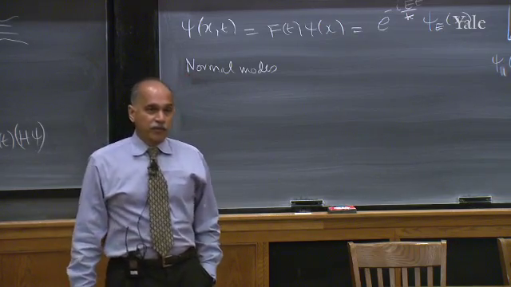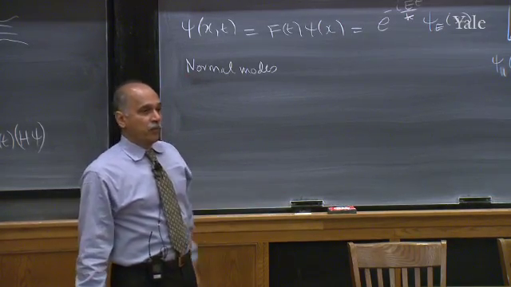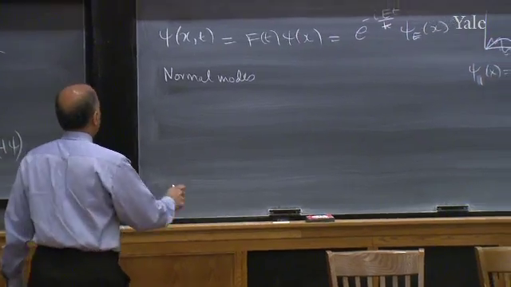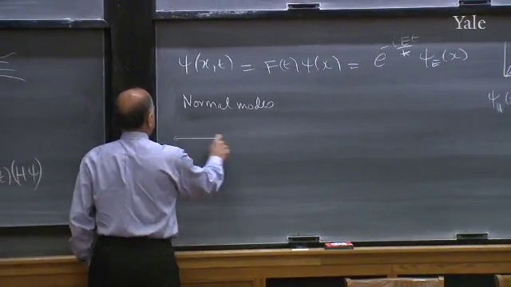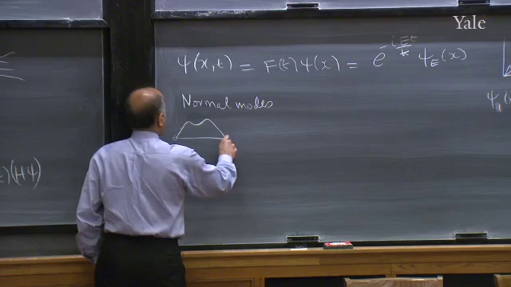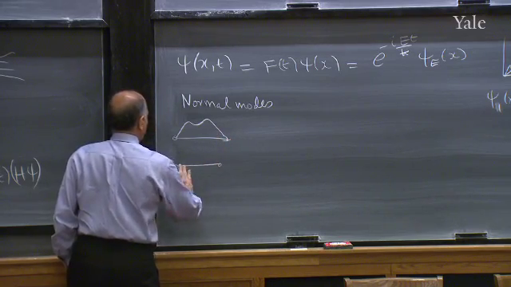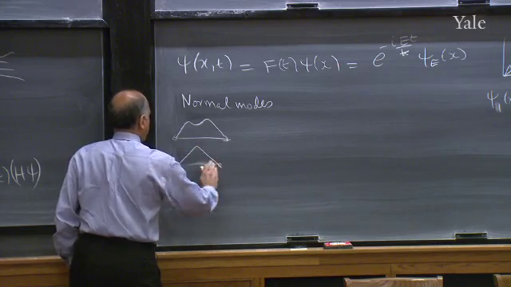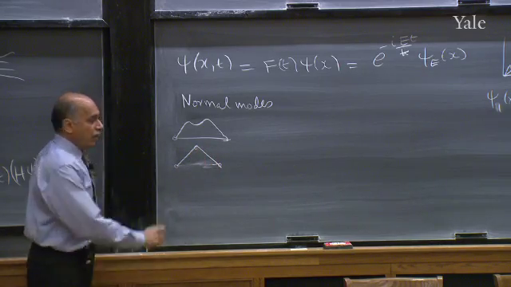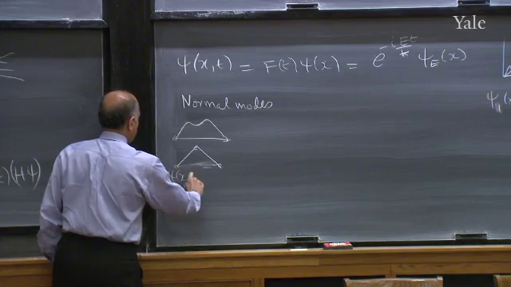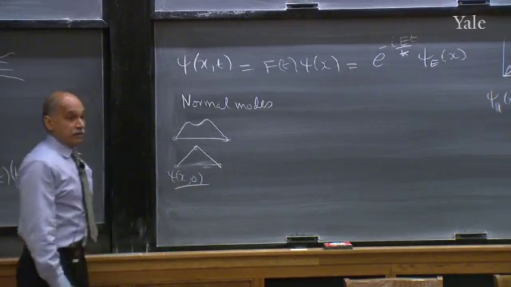It's very familiar even before you did quantum mechanics. Take a string tied at both ends, and you pluck the string and you release it. Most probably, if you pluck it at one point, you'll probably pull it in the middle and let it go. That's the initial psi of x and t, this time for a string.